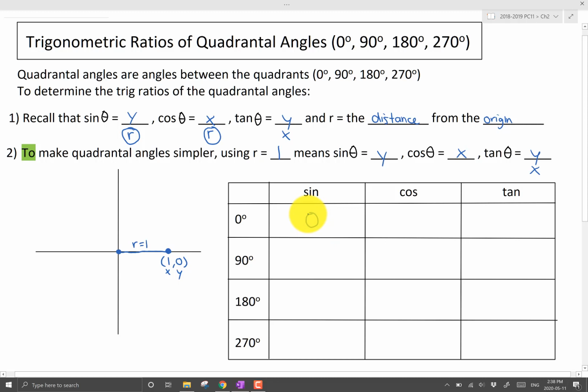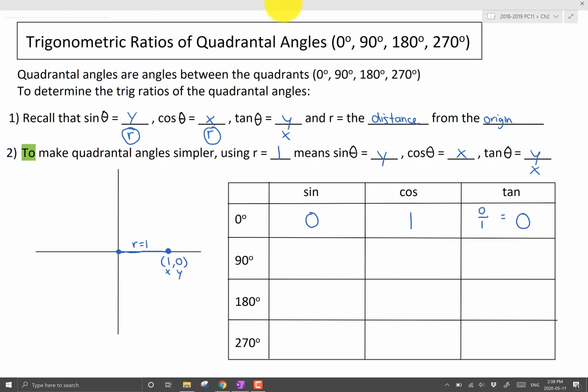Cos is equal to the x-coordinate, which is 1, and tan is equal to the y over the x-coordinate, which is 0 over 1, which is equivalent to 0. And you can always do those right on your calculator. Just put in sine 0. Make sure you're in degree mode. I don't have a calculator shown on my screen, but those would be the ratios of those angles.